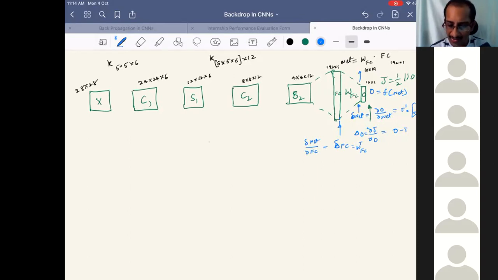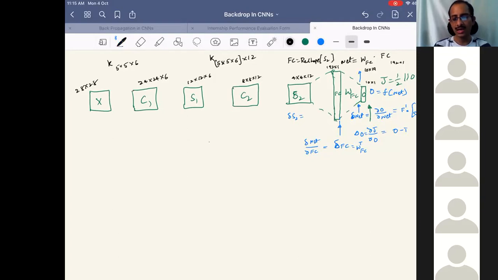So now we want to write small delta S2. How do I write now, from FC? I just need only from FCs. How should I write? In forward pass, FC is equal to reshape of S2 maps, right?